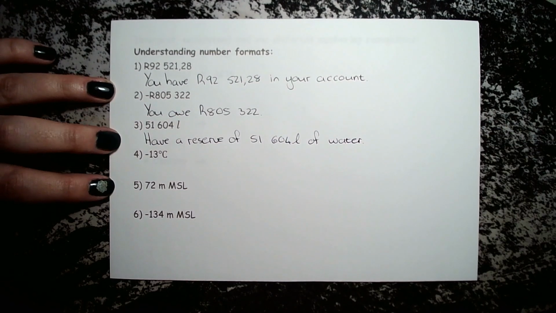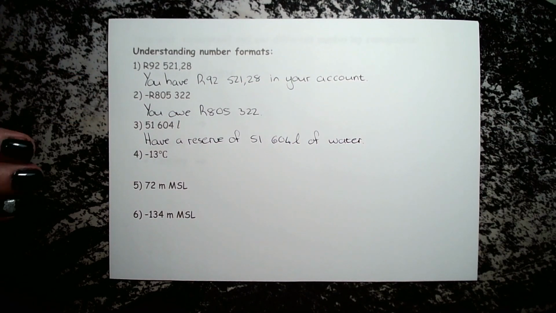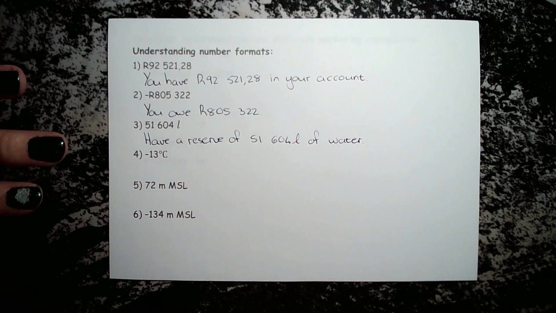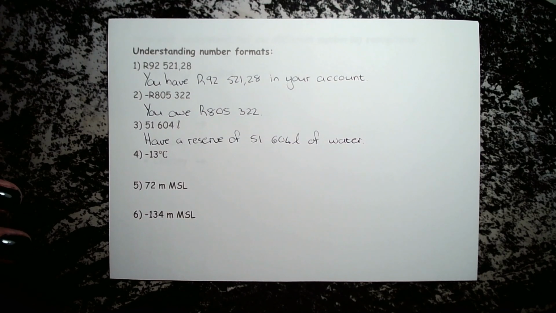This can also be given in different contexts without any change in how it's given. If this was given on, for example, your water and electricity bill, then that would mean that you have used a total of 51,604 liters of water. So it's not always a reserve. We are looking at this in the context of what you have or don't have.